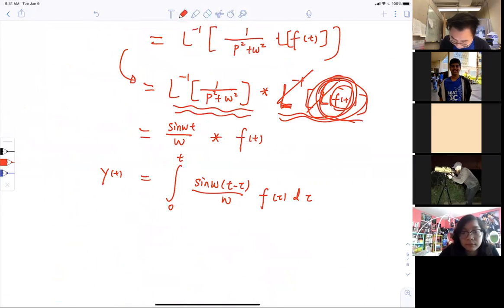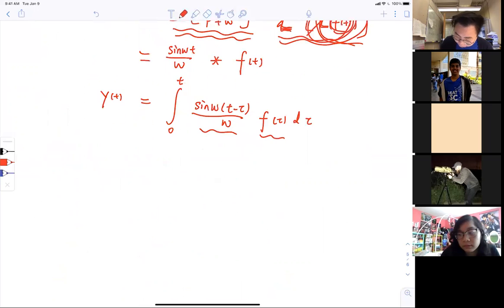So we know this sine, we know f, so we can do this integral in principle. It's also tricky to do this integral, so I want to show you how to do it in detail, so that you can avoid making any mistakes during the exam.